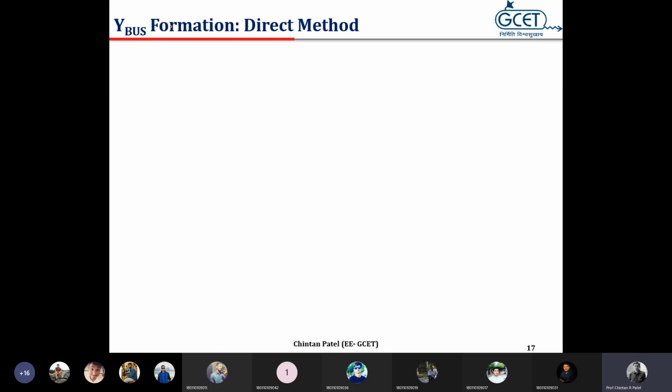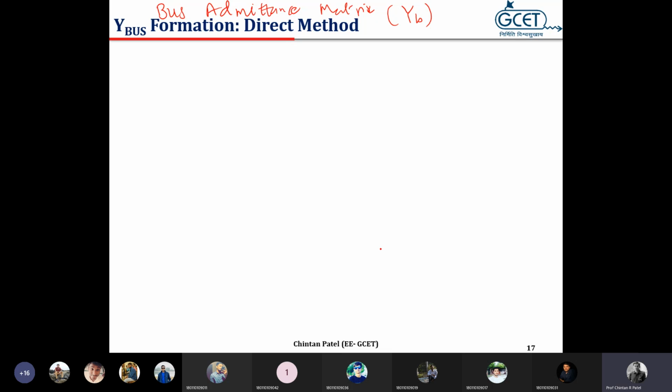Ybus formation. Now, Ybus is also known as the bus admittance matrix. In short, it is represented as Ybus or simply YB.